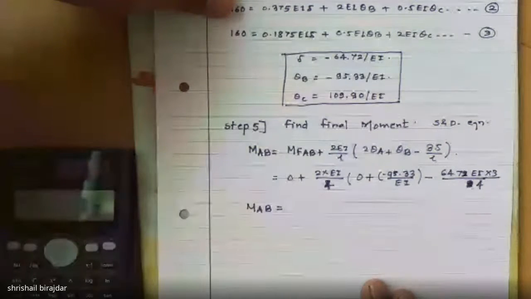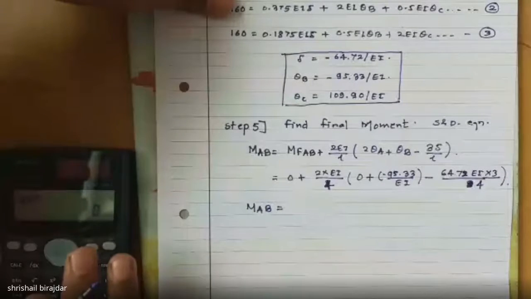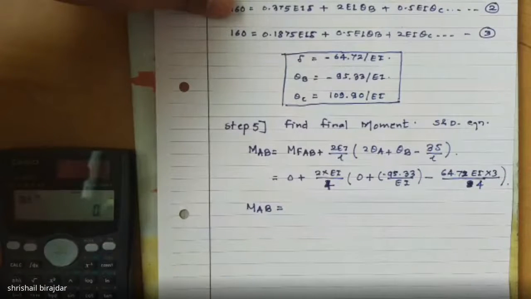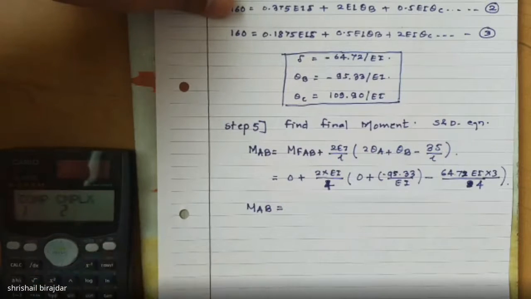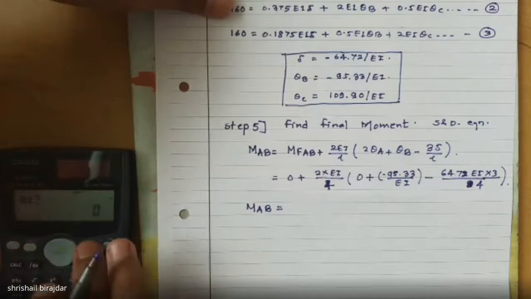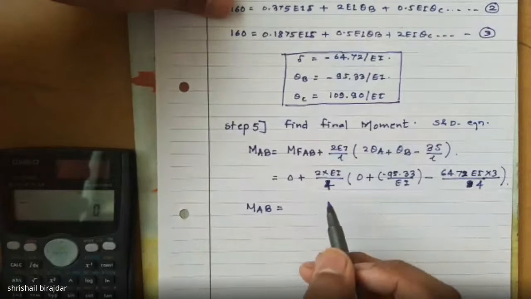Divided by EI minus 64. Okay. How much does it work out to be?